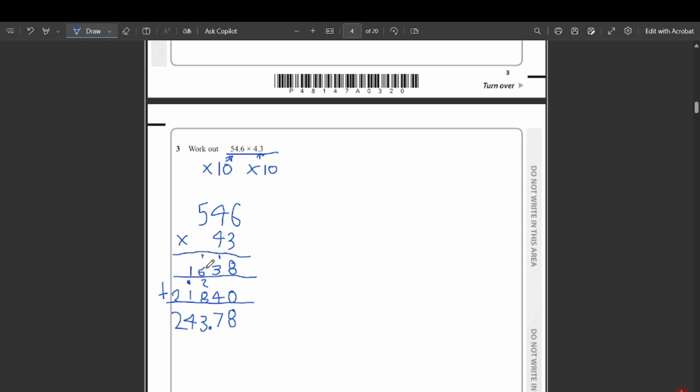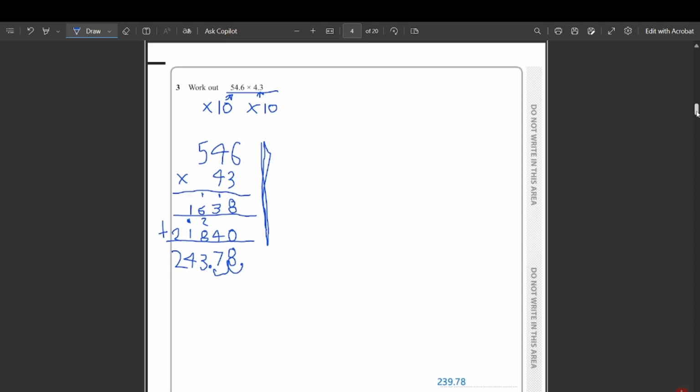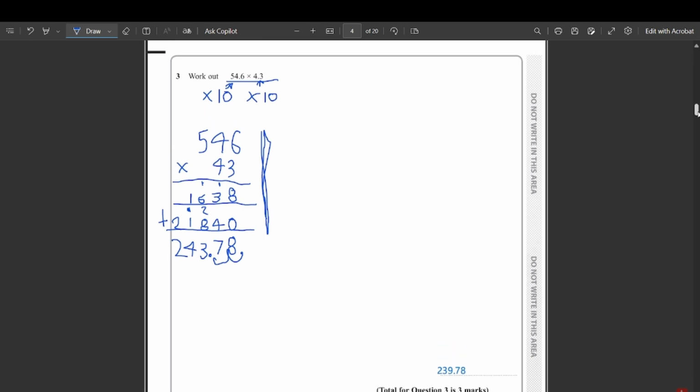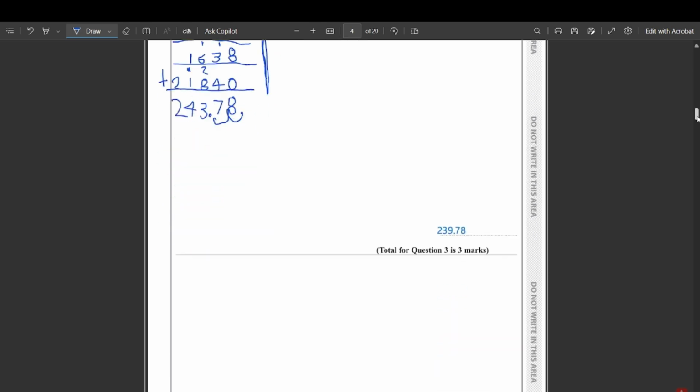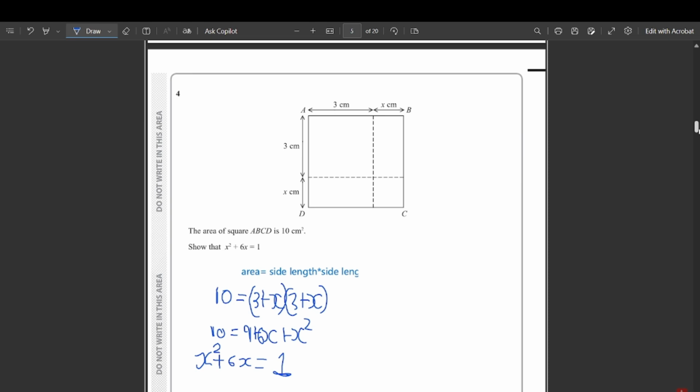And then what I simply do is do all the standard multiplication stuff that you would have learned in year 6. And then when I get to the end, I divide by 100. So it was originally here, move it 2 along, and I get the final answer of 243.76. I'm not going to cover how to do long multiplication. That is a skill that you should 100% know if you're doing a higher tier paper, which this is.